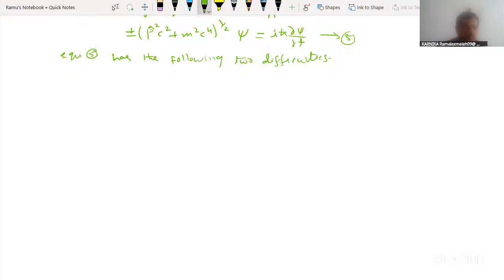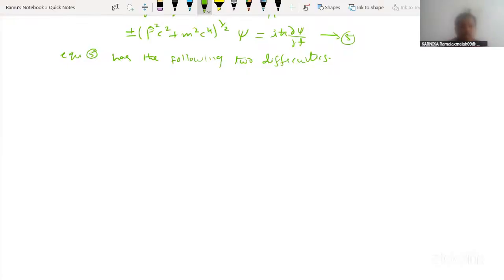So this equation 5 needs some modification, as this equation lacks the necessary condition for invariance under Lorentz transformation. Therefore, Klein-Gordon adopted the following method.